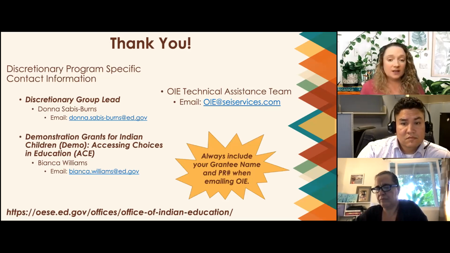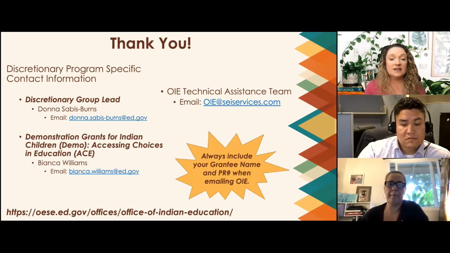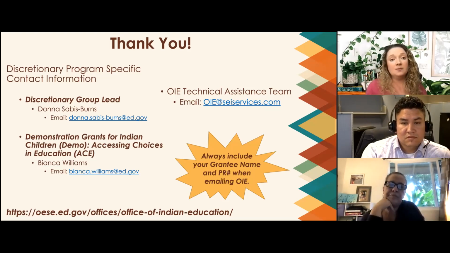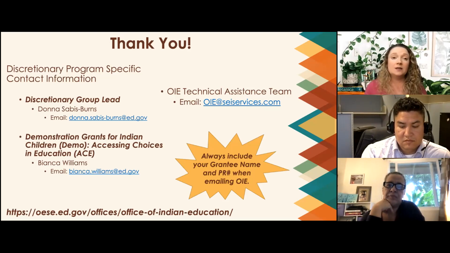And then I do want to give one little reminder on this piece. So we talk about when you're sending in communication to Bianca or to the OIETA team to make sure to include your grantee name and your PR number. I want to clarify what we mean by that because we're getting some varying responses. So I want to make sure everyone knows what that is. Your grantee name is the name of the organization that was awarded your grant.